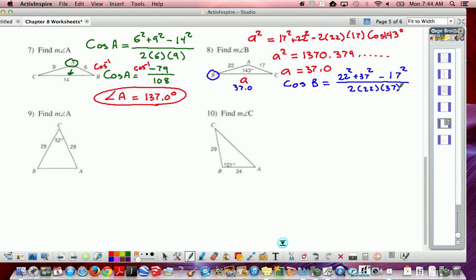When I plug those values in, the top part ends up being 1564.